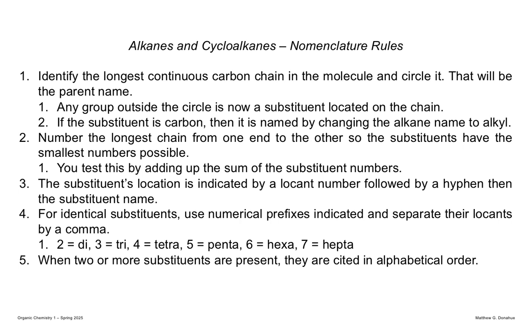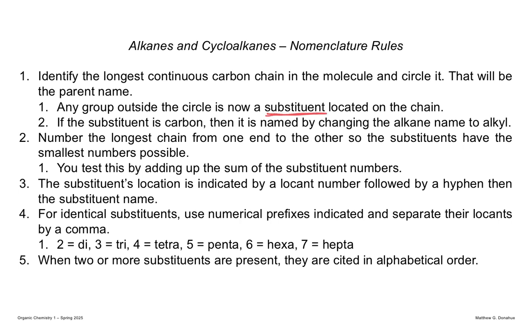The main thing is when you're given a structure, identify the longest carbon chain. So that gives you the carbon count. The way we'll do it, we'll circle it. That'll help us with figuring out what's bonded to that longest chain. So after you circle it, you'll have things that are outside of that circle, and those are called substituents.